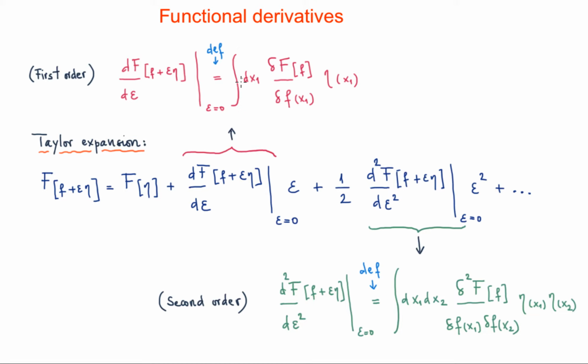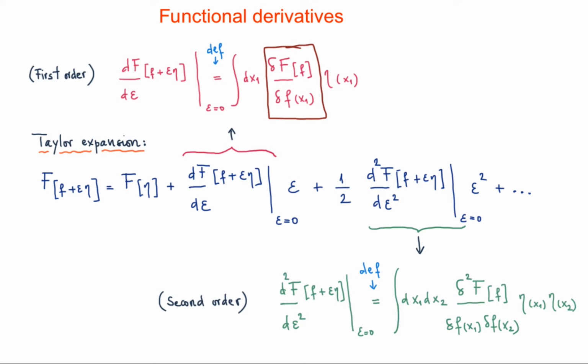So the integral over x1 of the functional derivative. This is the first order functional derivative, times eta in x1. Okay, now the second order functional derivative is going to be related to this term here, and it is defined in this way.